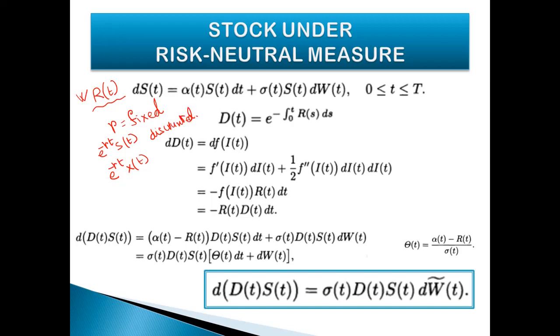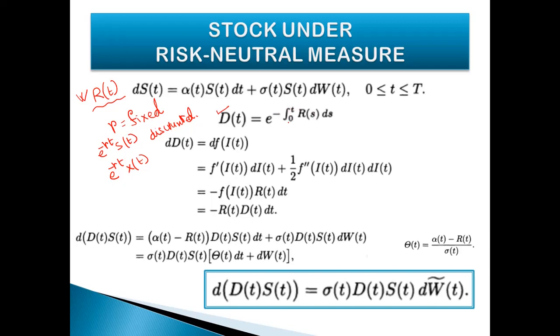Now we have the interest rate R_t. So the discounted process means we have to multiply by this new process D_t. How to define D_t? It is e to the power minus the integral from 0 to t of R_s ds. We cannot write R_t anymore, right?